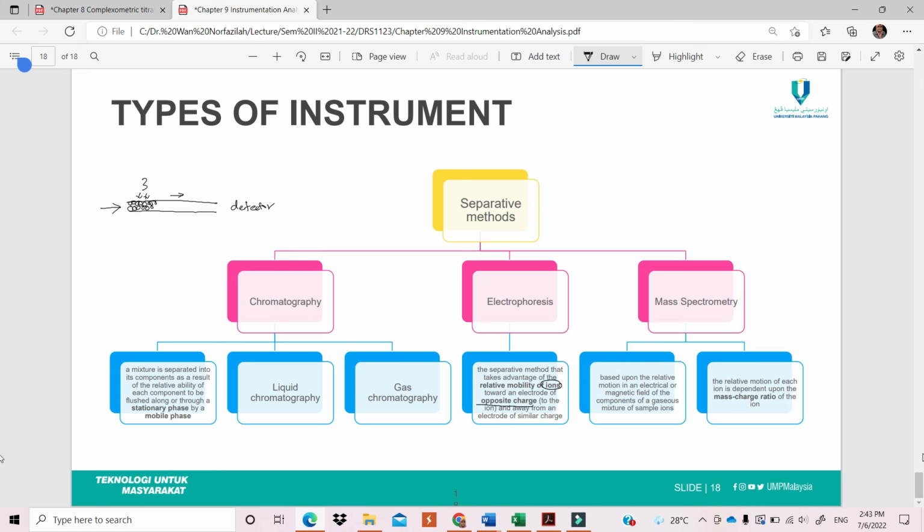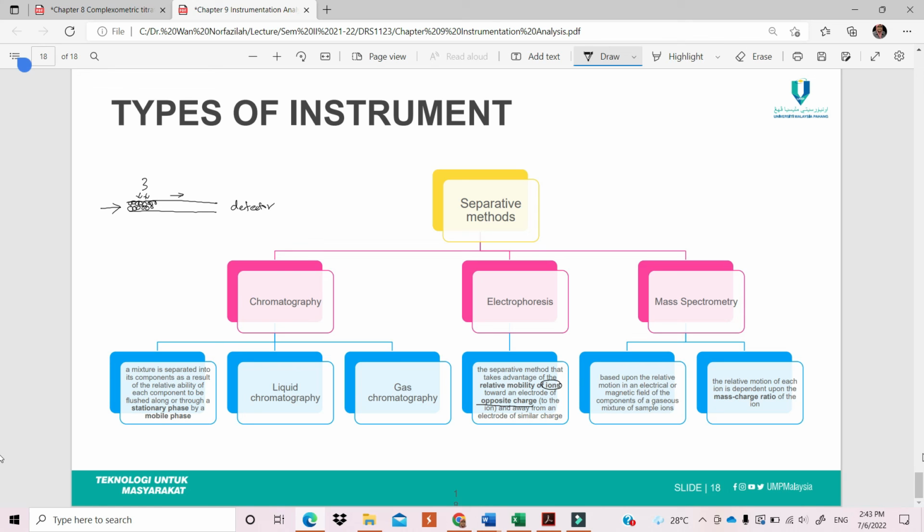So this electrophoresis deals with ions. Okay, the mobility of the ions is towards an electrode of opposite charge, and away from an electrode of similar charge. You can imagine it like magnets: same poles repel, different poles attract, right? Okay, same with ions. Positive and negative attract, if both are positive they repel. Okay, so this is the concept of electrophoresis. The separation is based on the charge of the ions.